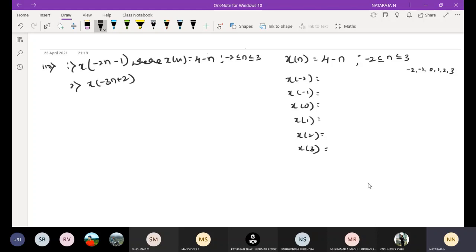Substitute n for the first case, minus 2. 4 minus of minus 2, you will get 6 at minus 2.